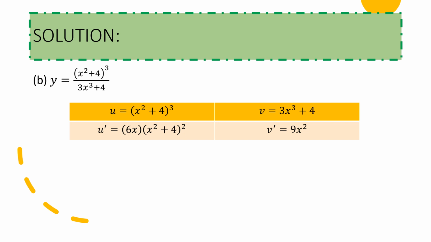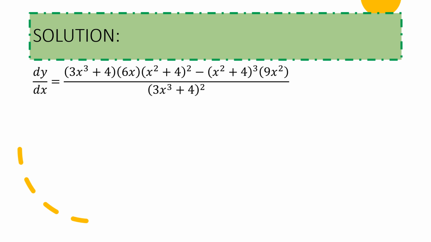So the answer is 6x times (x squared plus 4) squared. Next is v. v equals 3x cubed plus 4 and v prime equals 9x squared.